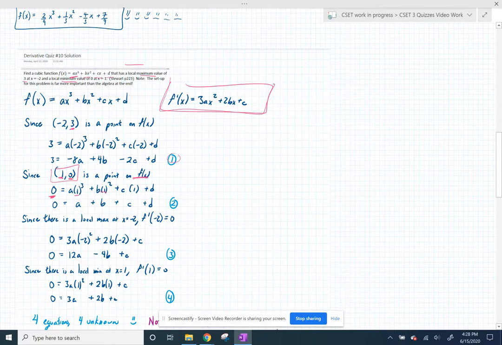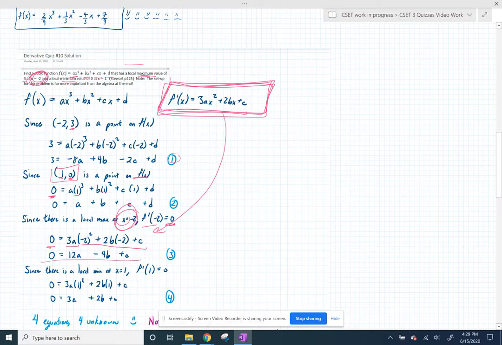And so now we know that that derivative has to be a 0 at our local max. So when x is negative 2, the derivative should be 0, and I'm just plugging in negative 2 into there. And we clean that up as much as we can, but it's not that much, so we'll stop there.